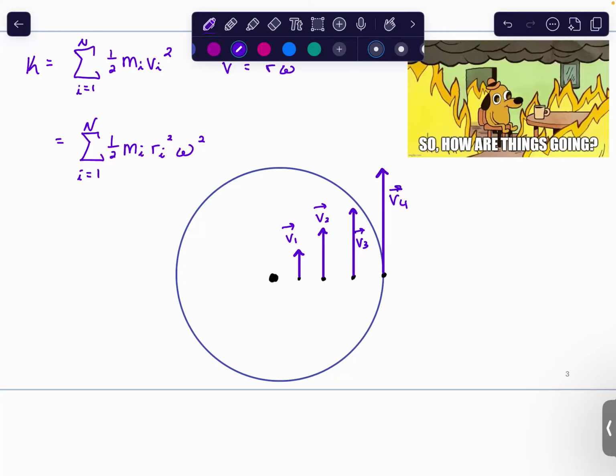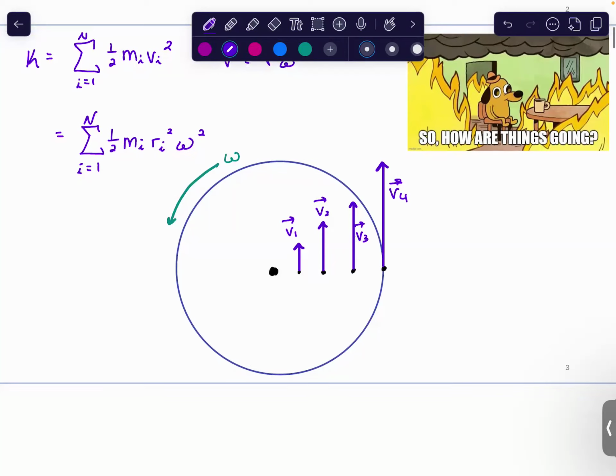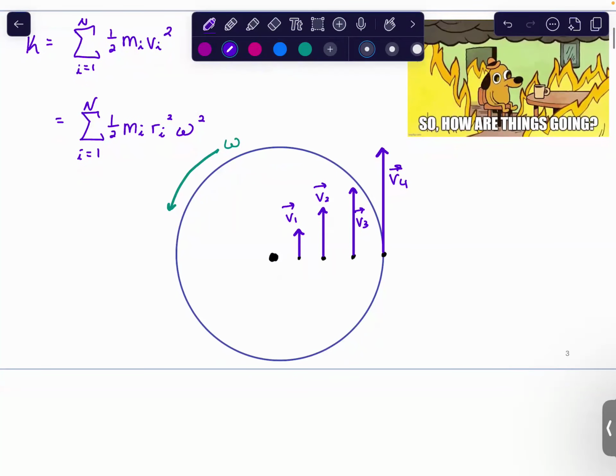The velocities will change based off the radius; the linear velocity will change based off the radius that your individual element is at. However, the overall motion of the object itself has one singular angular speed. So that's why we don't sum over the angular speed.